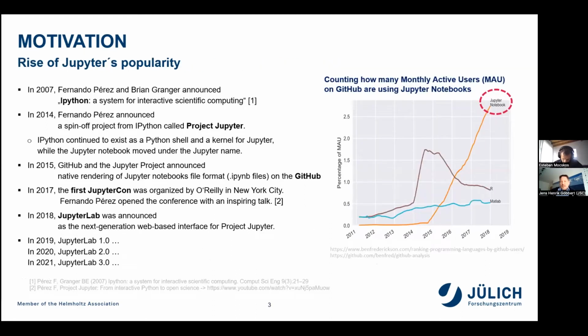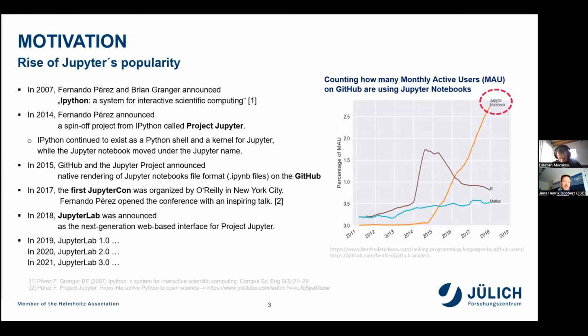And this question, how that can be done, was thought about quite some years ago. Here I just put, I would say, at least from my point of view, the important steps on the way to JupyterLab in the table. So in 2007, IPython started, and from that seven years later, Project Jupyter was a spin-off, because it was so popular.